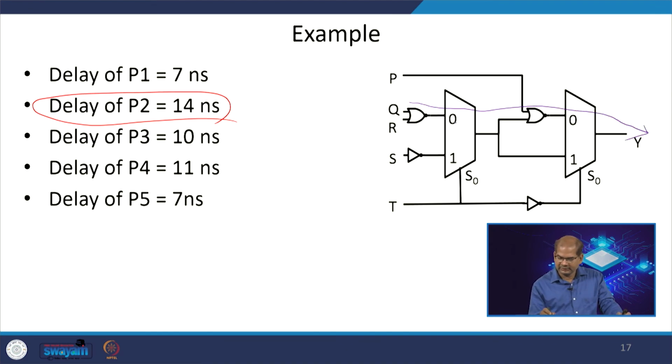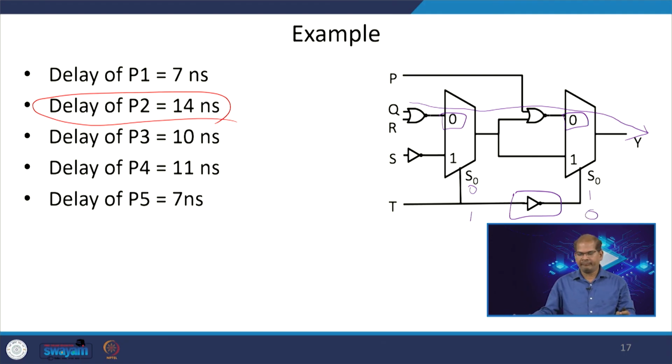Because both cannot be 0 at the same time because of this inverter, and this path will never be excited or functional during the operation of the circuit. Whenever S0 is 0, this will be 1, whenever S0 is 1, this is 0, and both cannot be 0 at the same time. So this path is called a false path.